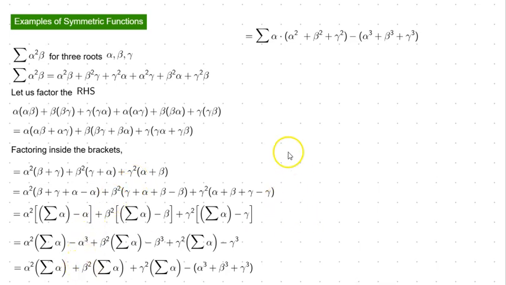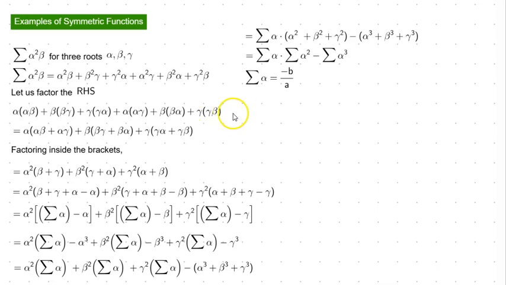Which means this can be written as sigma alpha times alpha square plus beta square plus gamma square. Why? Because here sigma alpha is common to all the three. Minus alpha cube plus beta cube plus gamma cube. So we have sigma alpha times, this is nothing but sigma alpha square, minus, this is nothing but sigma alpha cube.